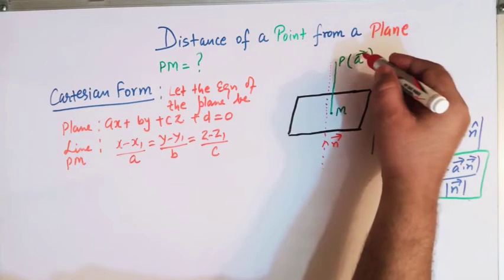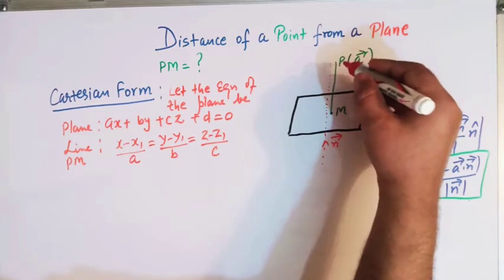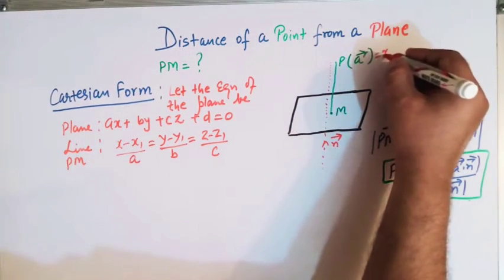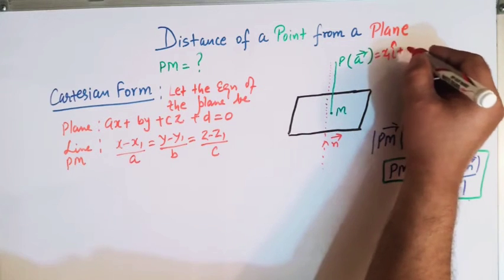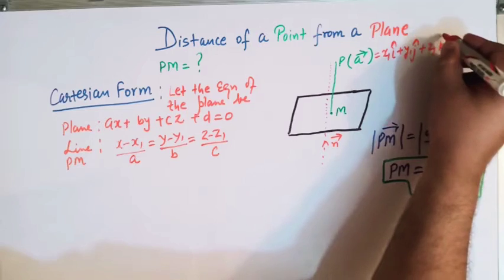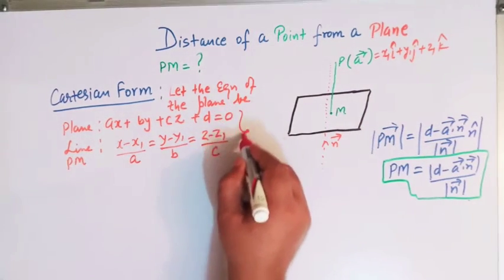And the position vector of point P is x1 i cap, y1 j cap, and z1 k cap.